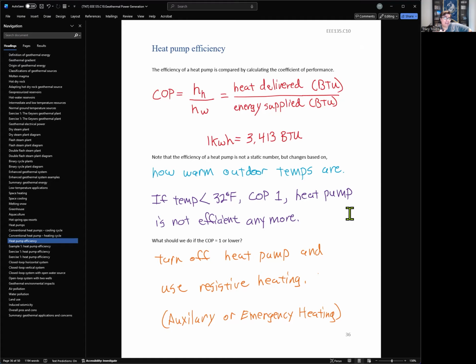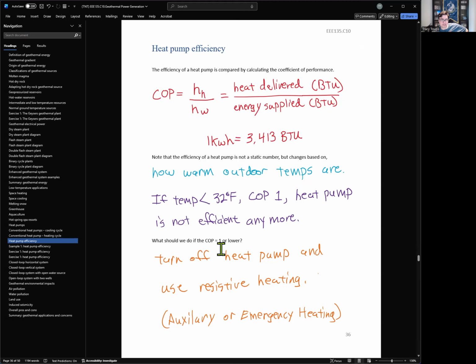You're not getting any benefit. It's not efficient anymore. You're better off taking electricity and just burning it through a resistor to heat your house, or burning light bulbs to heat your house or something else. So the COP should be well above 1 to be efficient.